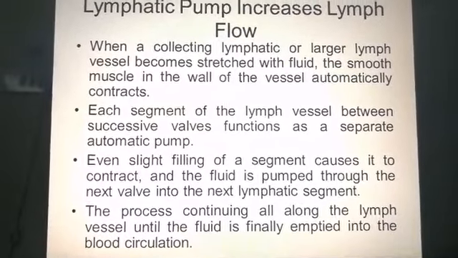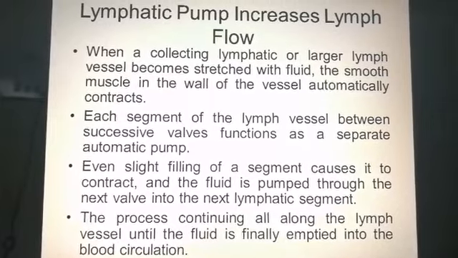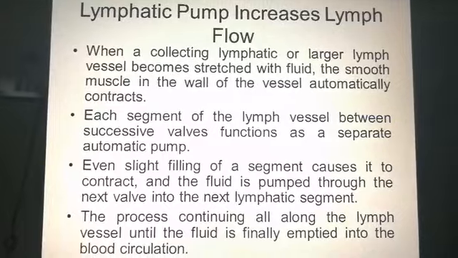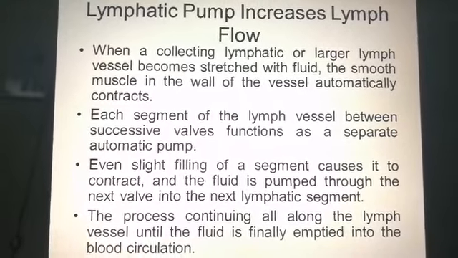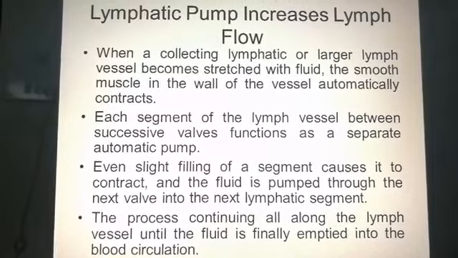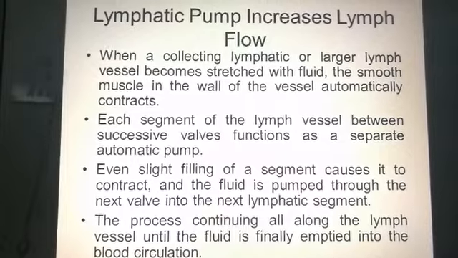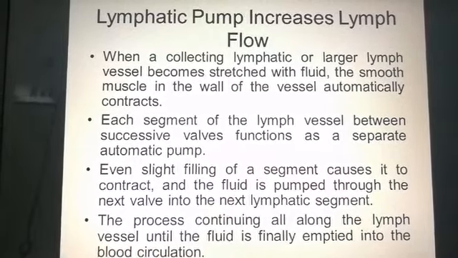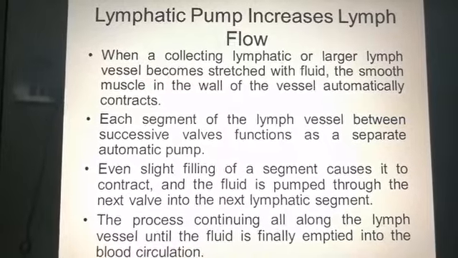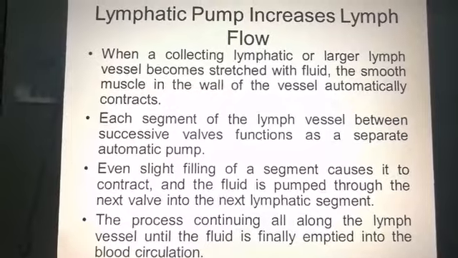So this is also an example of delayed compliance. Even a slight filling of a segment causes it to contract, and the fluid is pumped through the next valve into the next segment. So firstly there is an increase in the volume of fluid inside the segment, then the segment is stretched, and then it automatically contracts, and it pumps the fluid into the next segment by opening of the valve.